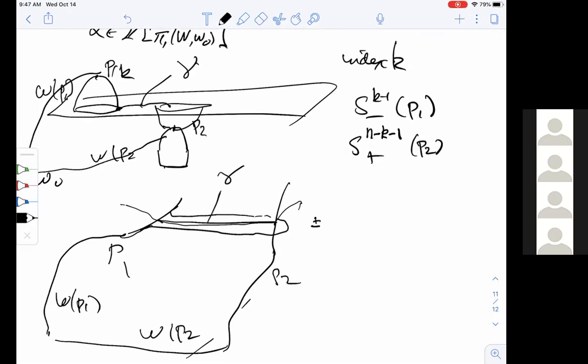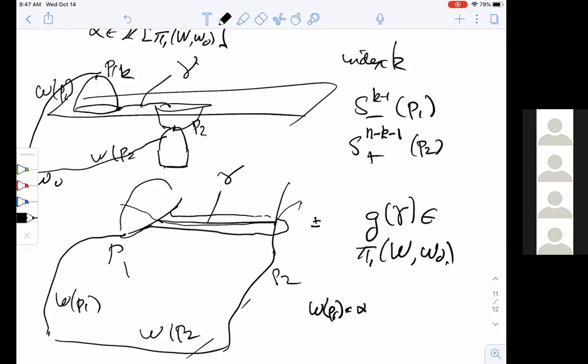If this arc is gamma, I get a group element, G gamma, in the fundamental group based at W naught, which is just the path up to P1, a path in the descending disk from P1 down to the start of gamma, then gamma, then a path from the end of gamma up to P2, and then omega P2 inverse. Okay. And that's an element in the fundamental group.